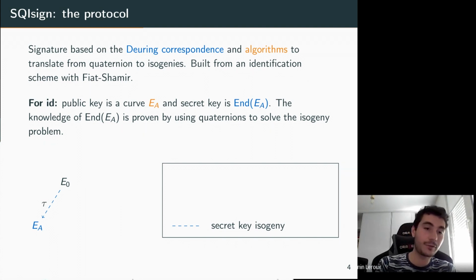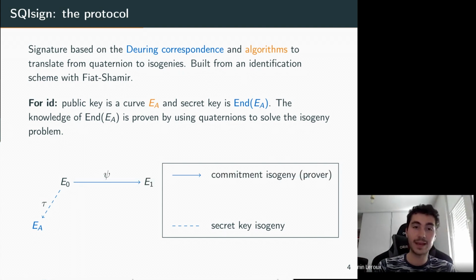This gives the following picture, where I can rewrite my secret key as some path from a curve E0, that everyone knows and whose endomorphism ring everyone knows, toward the curve EA. Then I have 3 rounds in my identification scheme. First, a commitment phase done by the prover. He computes a commitment isogeny and publishes the curve E1 to the verifier.